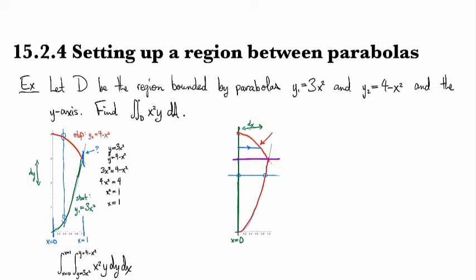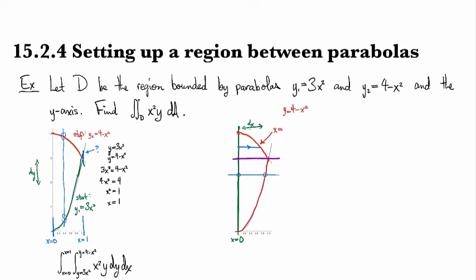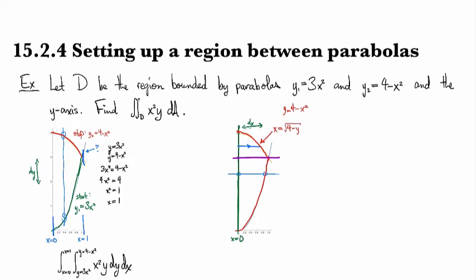So this is going to be given by x equals, and then we look at which parabola this is. This is the parabola y equals 4 minus x squared, but now we want this in terms of x. So we have to solve this, and it turns out to be the square root of 4 minus y.